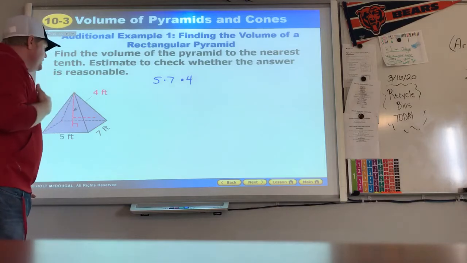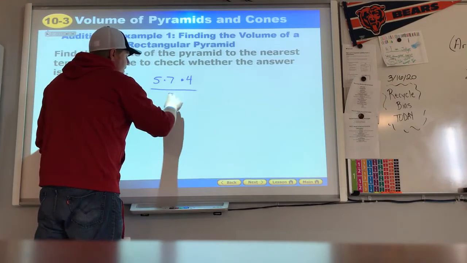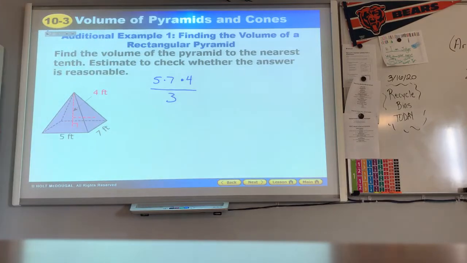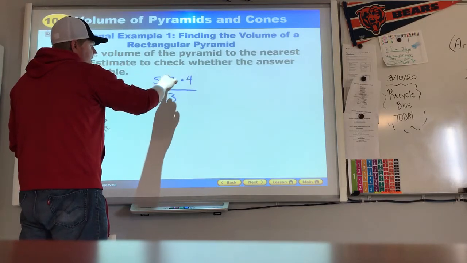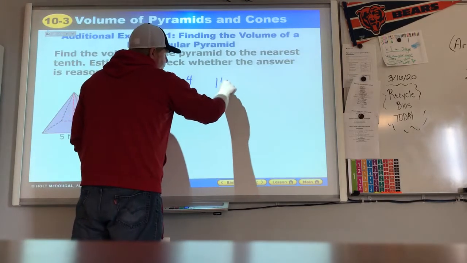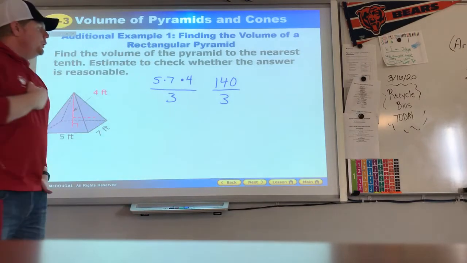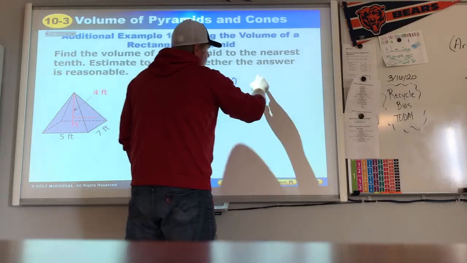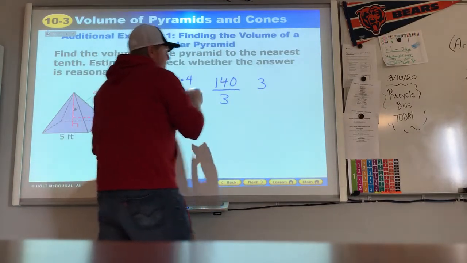Now the difference is, remember, there's that division by 3 or multiplying by 1/3. So when I multiply this out, 5 times 4 is 20, times 7 is 140, divided by 3.